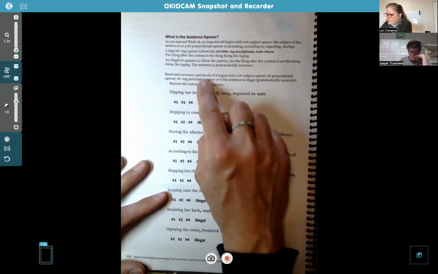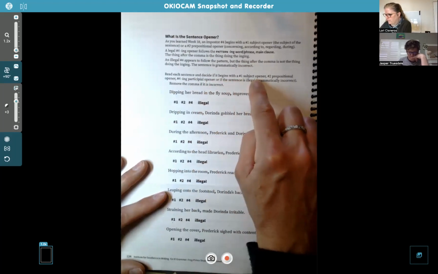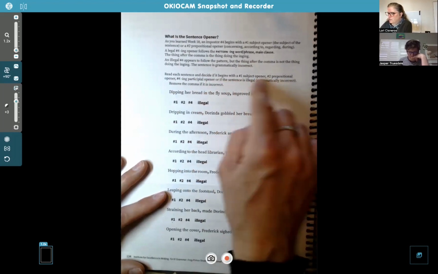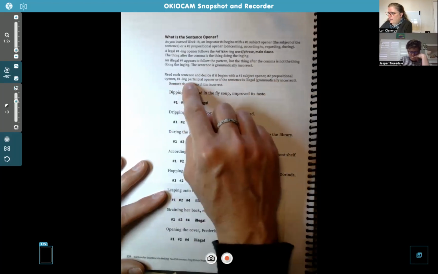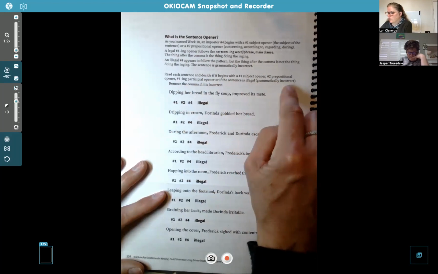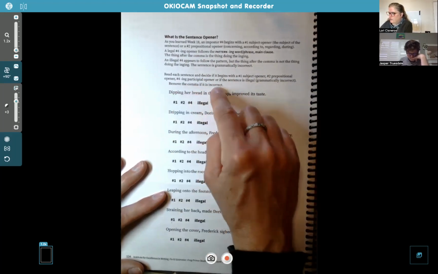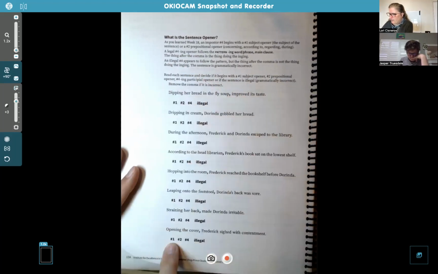Read each sentence and decide if it begins with a number 1 subject opener, number 2 prepositional opener, number 4 ing participle opener, or if the sentence is illegal, grammatically incorrect. Remove the comma if it is incorrect. And you'll notice, just glancing at all of these, they all have ing at the beginning.